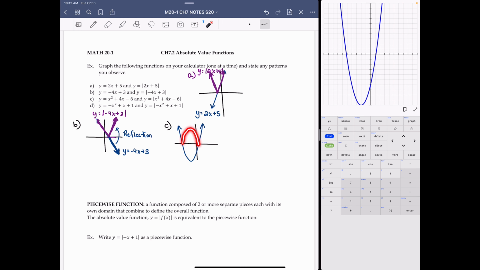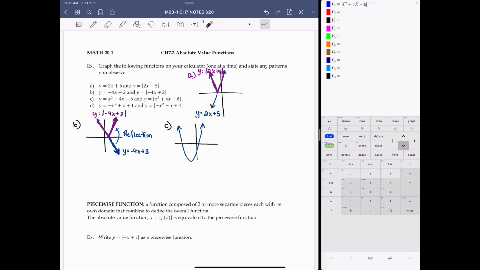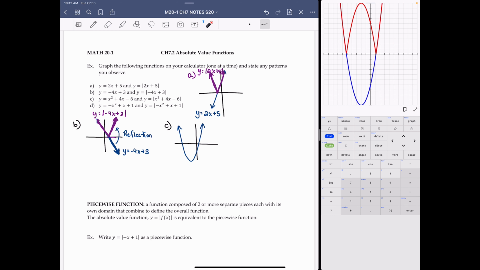So it should look like this. Let's see. Go down, enter absolute value, math, over to number 1, absolute value of x squared plus 4x minus 6. Graph that, and that's exactly what the red line looks like.